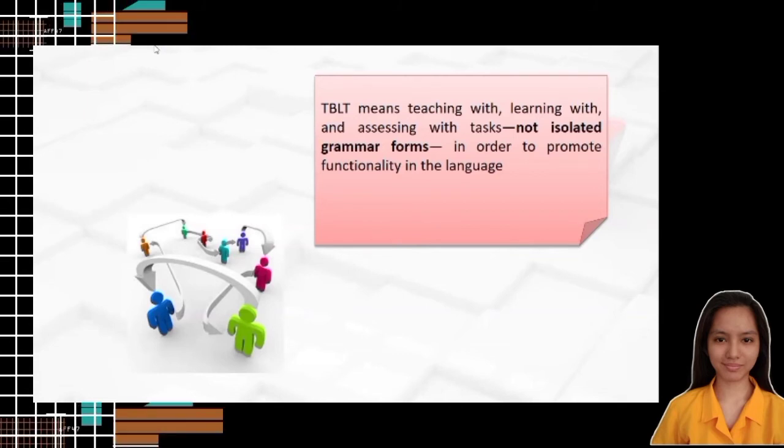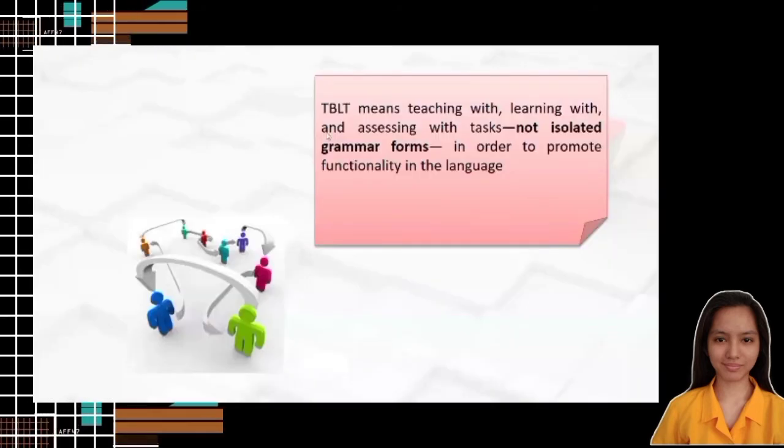That is to say, application of knowledge to a communicative context or real-world scenario is the core idea, or the end goal. With everything that I've said, it's easy to detect that TBLT, or task-based language teaching, is an offshoot of the communicative approach.